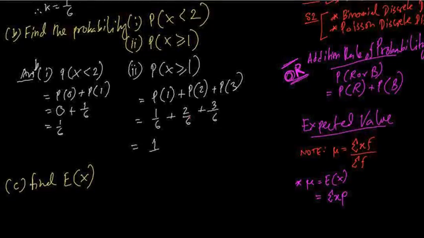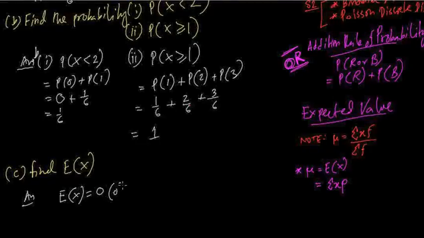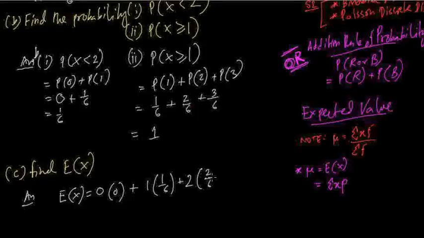So if we do this sum, the expected value is going to be data into, meaning random variable into probability. So random variable is 0, probability is 0, plus random variable is 1, probability is k, that is 1 by 6, plus random variable is 2, probability is 2k, meaning 2 by 6, random variable is 3, probability is 3k, meaning 3 by 6.